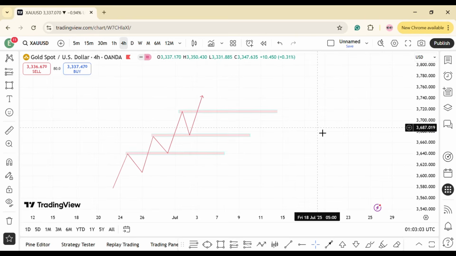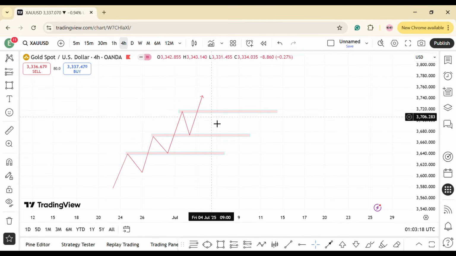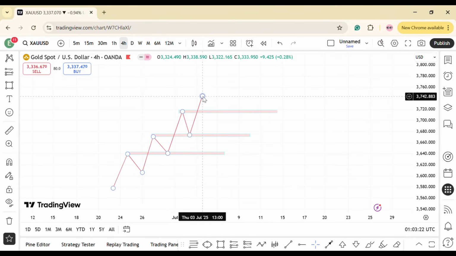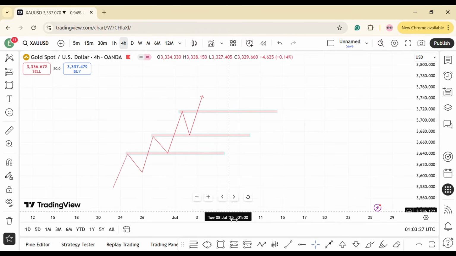Let's talk about change of character. What is change of character? Change of character is when something changes from its original behavior, right? Yes. You can clearly see the market is already in an uptrend here, creating higher highs and higher lows.